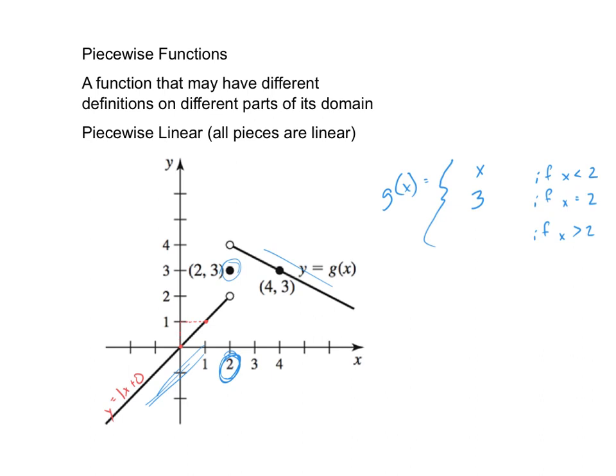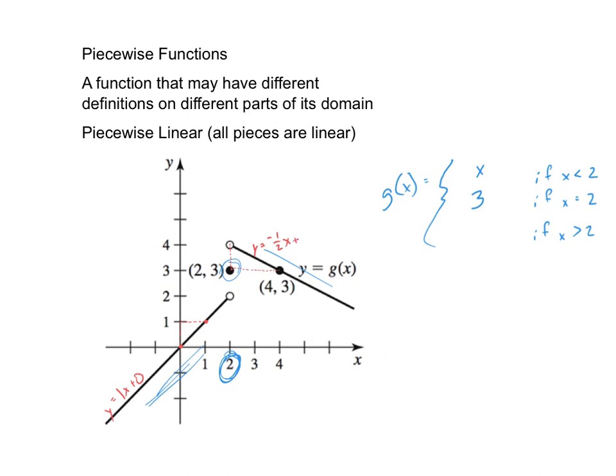Now we get to the next branch. I can't really see what the y-intercept is, so maybe I'll start with the slope. From this point, it looks like I go down 1, and then to the right 2. So my slope is negative 1/2, because I went down 1 over 2.